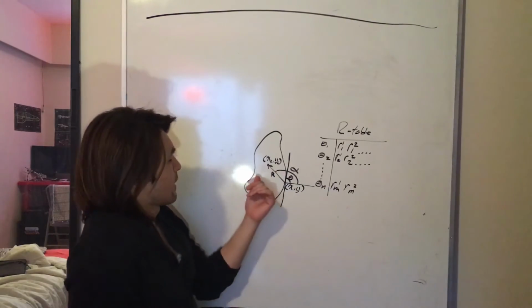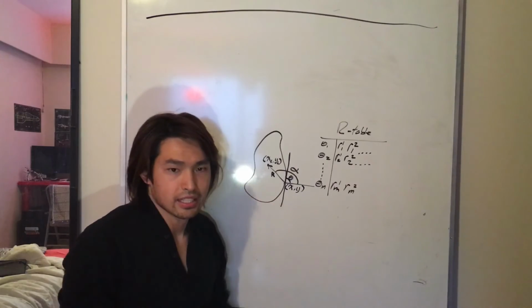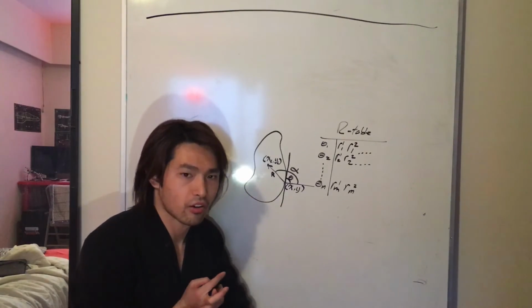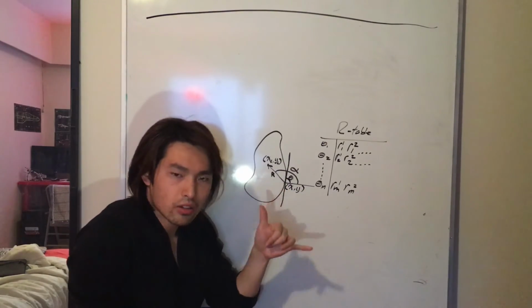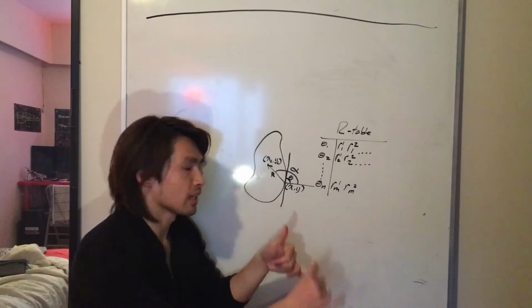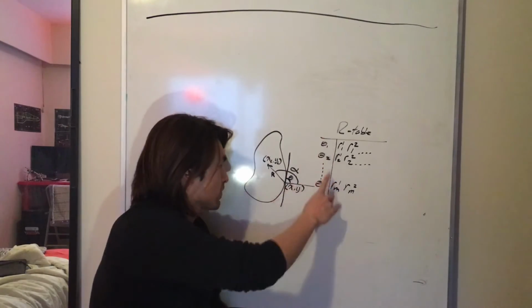So in this case, the R is a vector, and this vector records the angle and the magnitude of this vector. So how long this row is and the angle that it is turning. Once we get that, we'll record it in the R table.